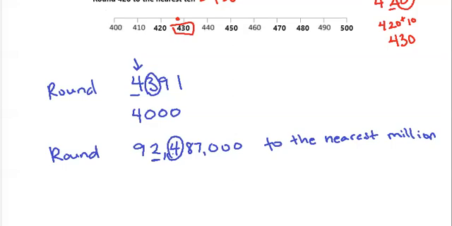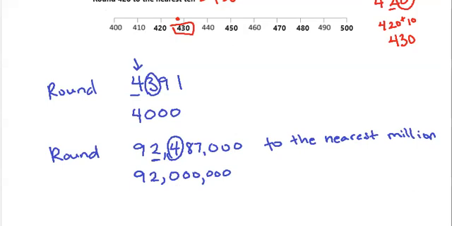I look at that 4 and I say it is not 5 or bigger, so it does not add 1 here. So I'm going to keep the 9 and the 2, and then the circled number and everything after it becomes zeros. So 92,487,000 rounds to 92 million.